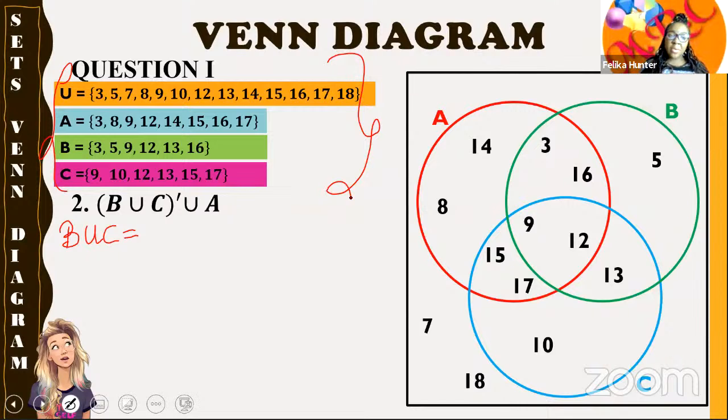So I can work without the Venn diagram now. I'm doing B union C, and I'm writing down what is in both of them, everything.